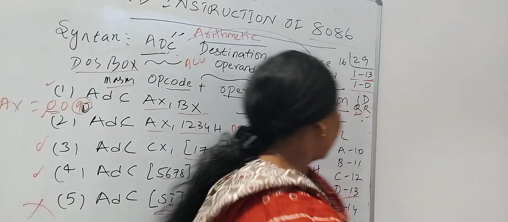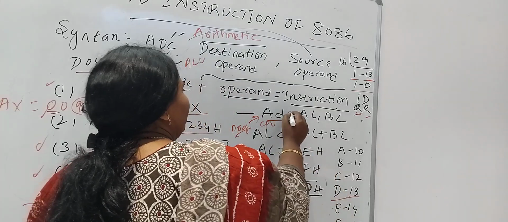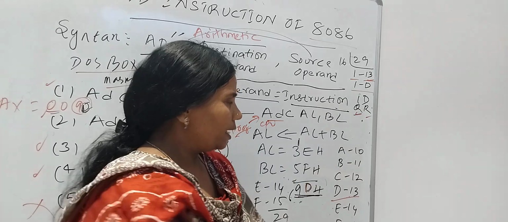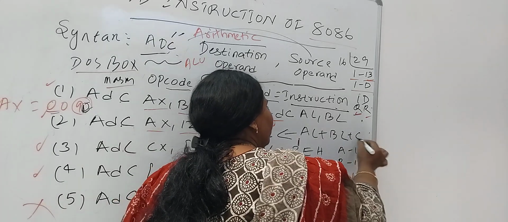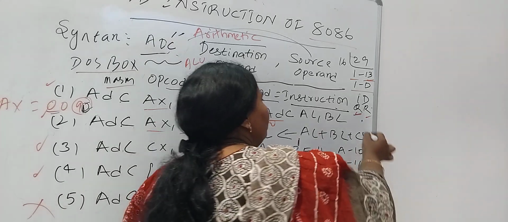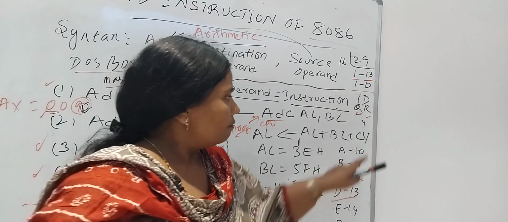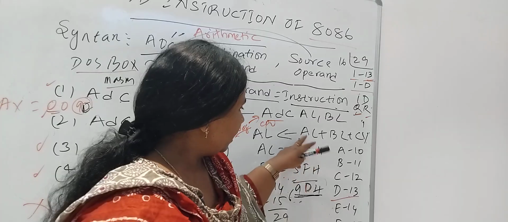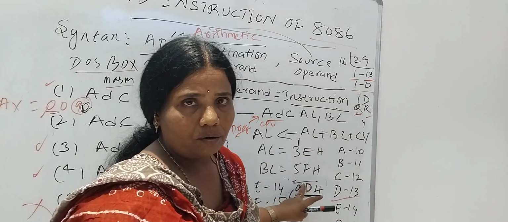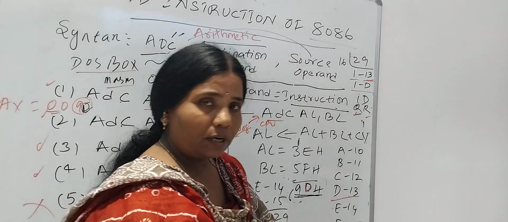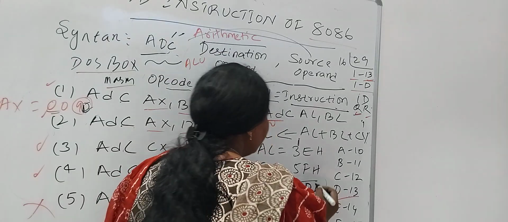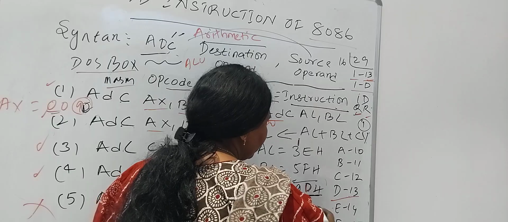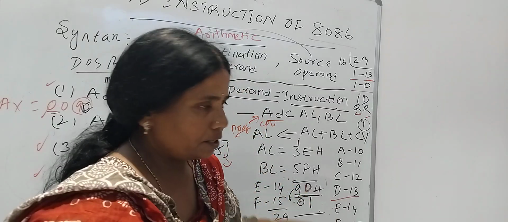Whenever you use ADC instead of ADD, the contents of AL and BL will be added with the carry value. Suppose the carry flag is holding 1. After addition of AL and BL you got 9D, and with the carry, which is 1, you add it to the result.